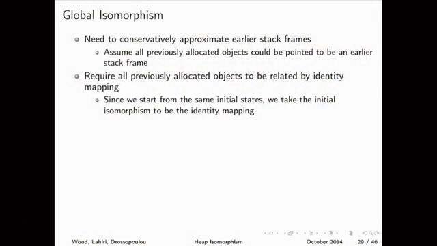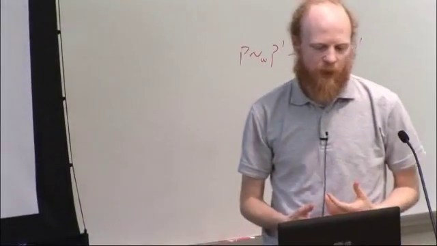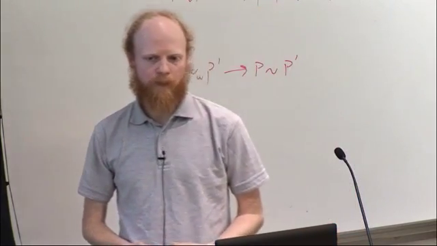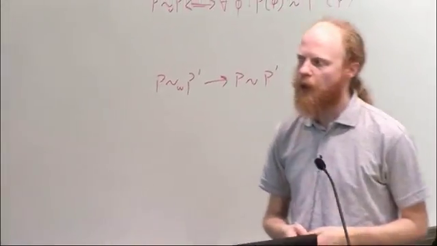So what we do is we require the isomorphism that we end up with to extend the initial isomorphism. You're not allowed to produce some incompatible isomorphism, just in case there's some more calling context that can distinguish the two isomorphisms that you produce.